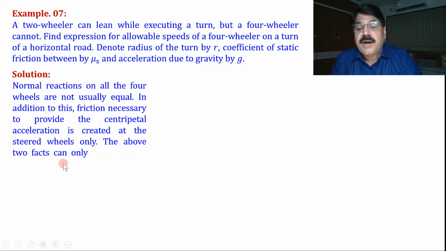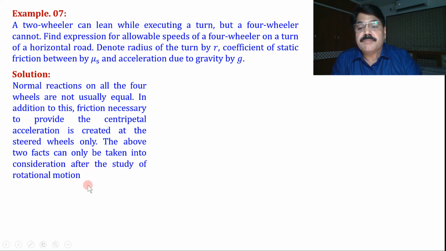The above two facts can only be taken into consideration after the study of rotational motion. So this is again a very important thing. It is a very common idea that loading of the vehicle cannot be equal on the four wheels. It may have unequal loading on the four wheels. So on the four wheels, normal reactions may be unequal.